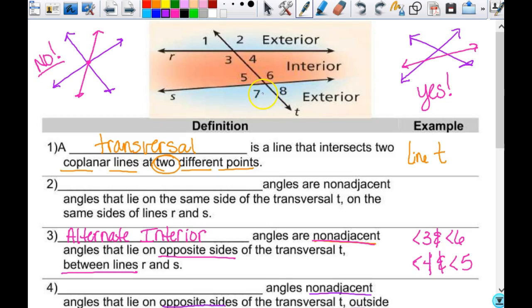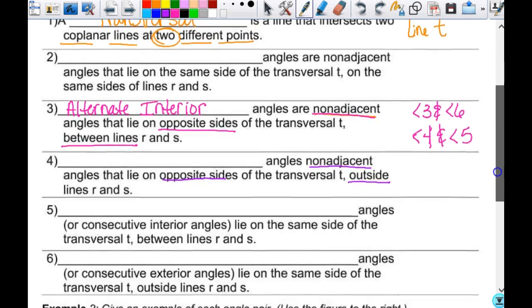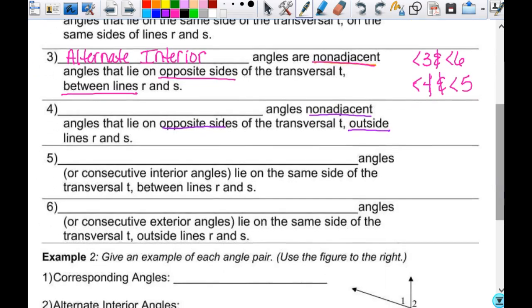So that would be like 2 and 7, 1 and 8. And anytime they're on opposite sides, we use the word alternate instead. So these are alternates, but they're on the outside, so they're alternate exterior angles. So it'd be like angle 1 and angle 8, angle 2 and angle 7.